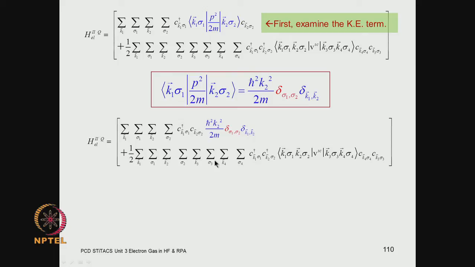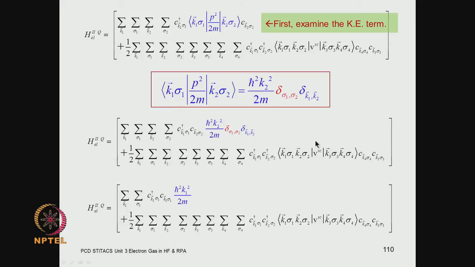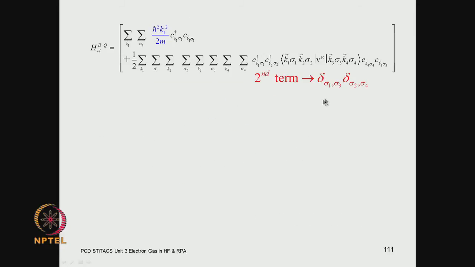Now, let us look at the second term, which has got this two center interaction. These are not the Coulomb interactions, but the screened Coulomb interactions. So, this is the term that we will now work with, the screened Coulomb term.